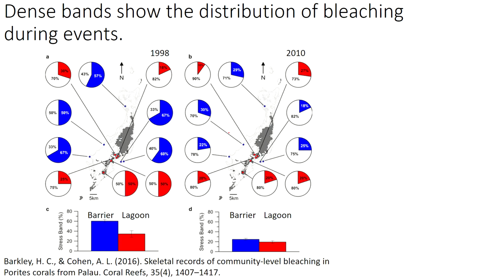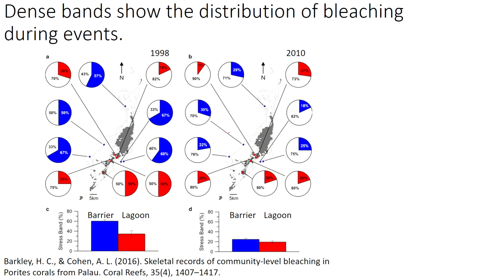But that will only work for events that haven't happened yet. If an event has already happened, then you can't go out and observe it, which is why we use these proxy records of environmental change.